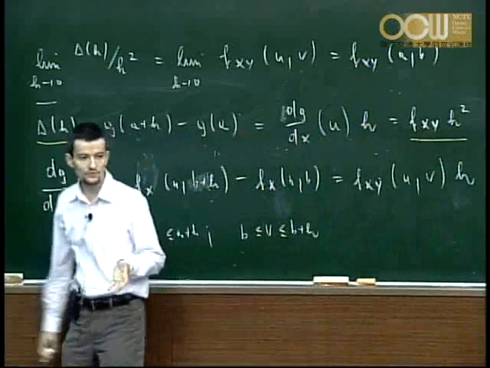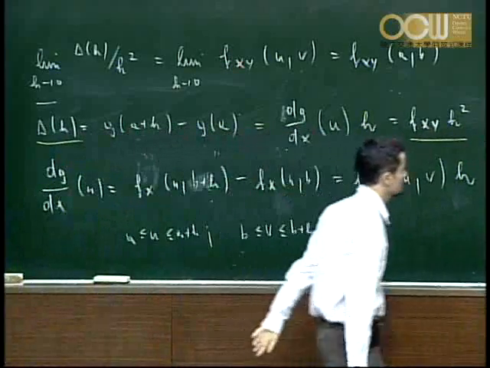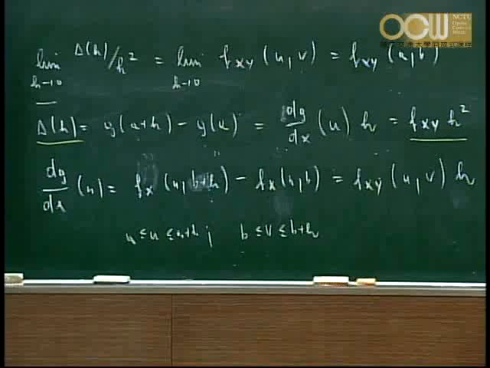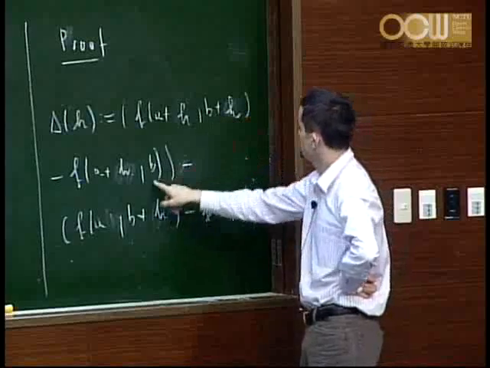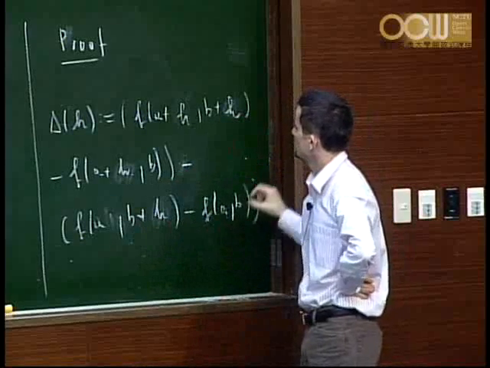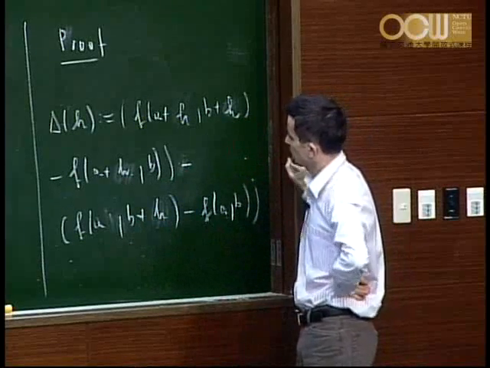Okay, so why is this helpful? Now I do the same. I just rewrite this. I do this first in the... So you see here, for this expression we have for the second coordinate b plus h and b, and here b plus h and b. Now we just do the same, but for the first coordinate.